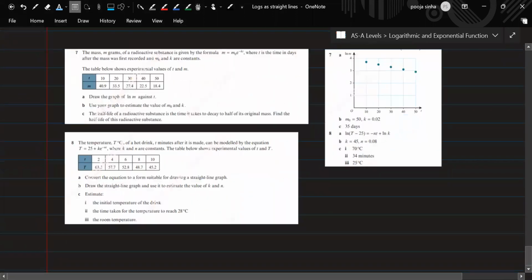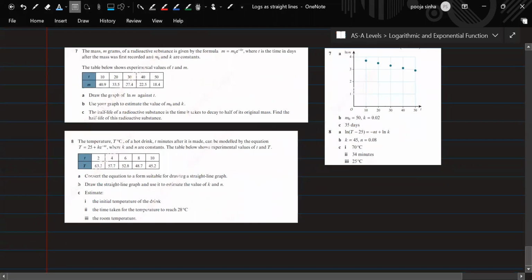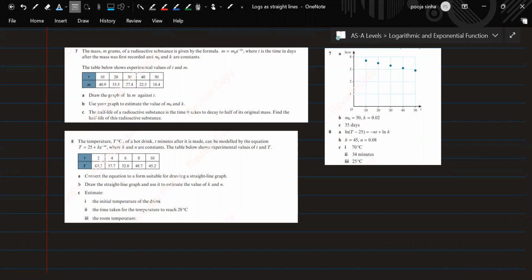Take a screenshot of this. Done? This is the last thing that we had to know from this exercise.